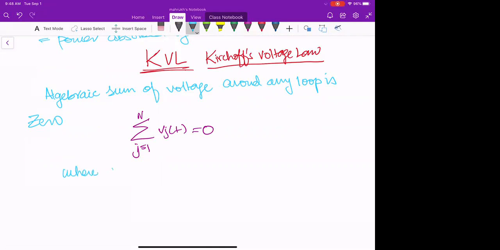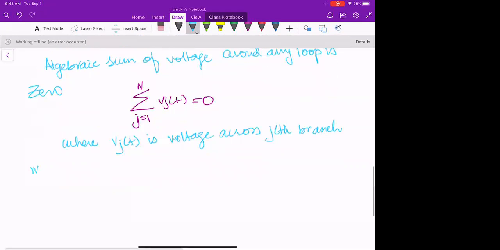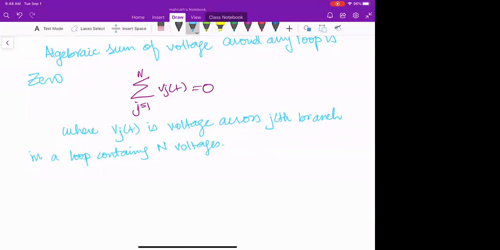Where Vj(t) is the voltage across the jth branch in a loop containing n voltages. So what it means, we will explain it, okay? It is a voltage across jth branch in a loop containing n voltages. So if there are some voltages in a loop, their sum should be equal to 0. That's what we are trying to say.